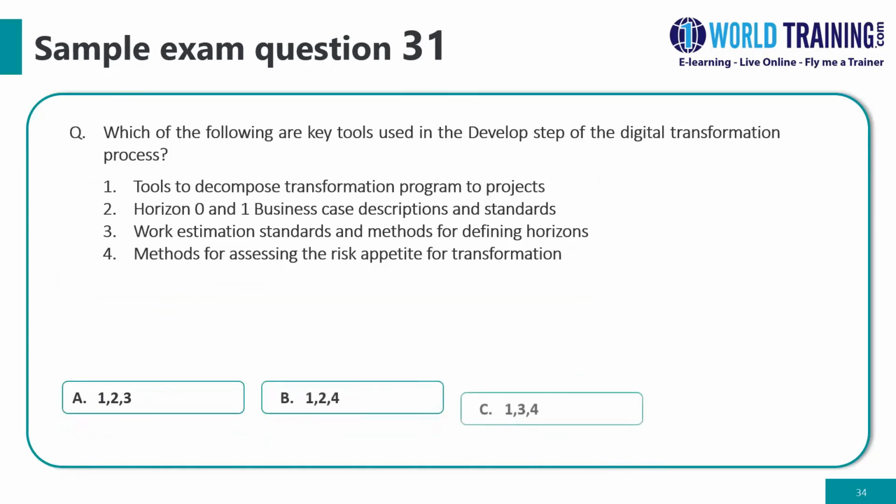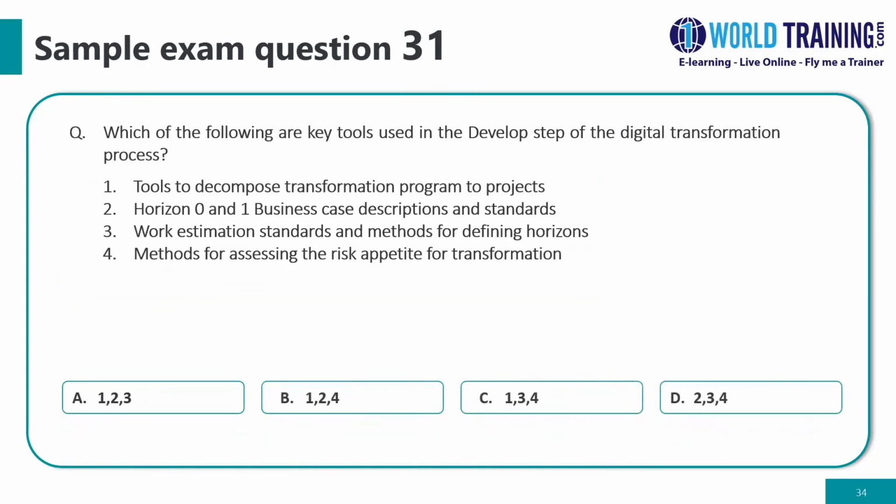31. Which of the following are key tools used in the develop step of the digital transformation process? The answer is 1, 2, and 3: tools to decompose transformation program into projects, Horizon 0 and 1 business case descriptions and standards, and work estimation standards and methods for defining horizons.